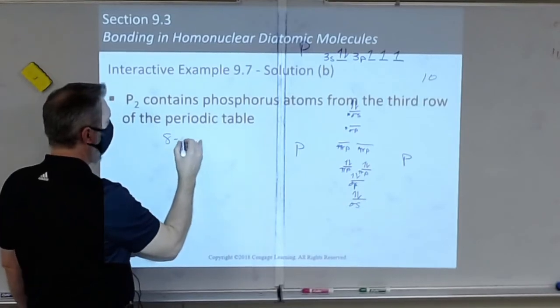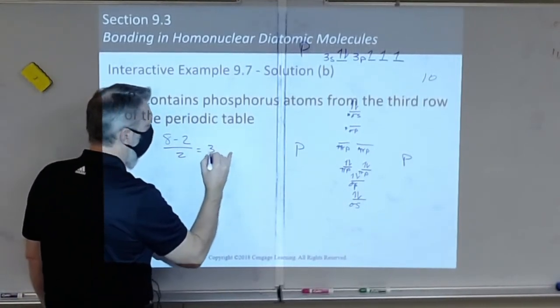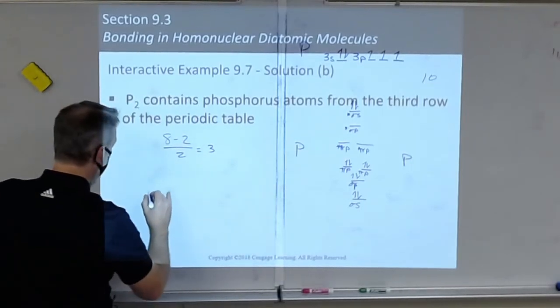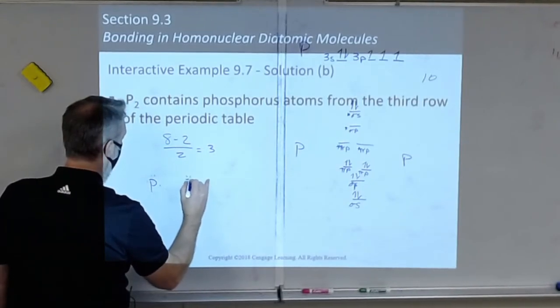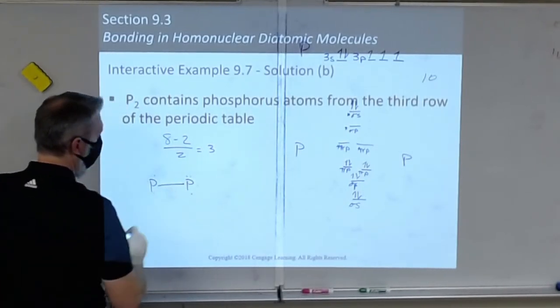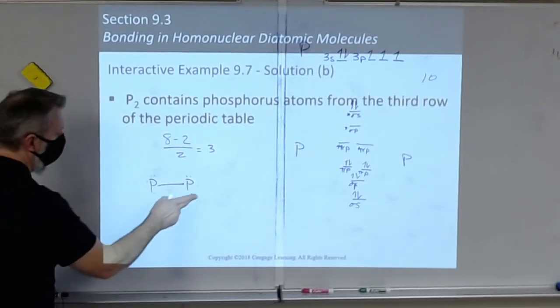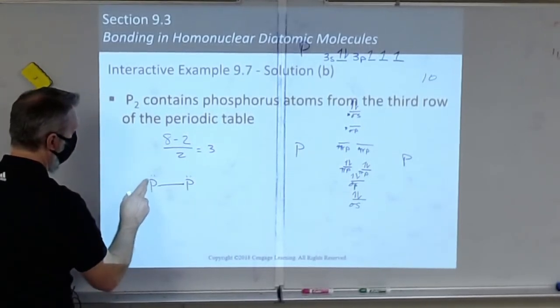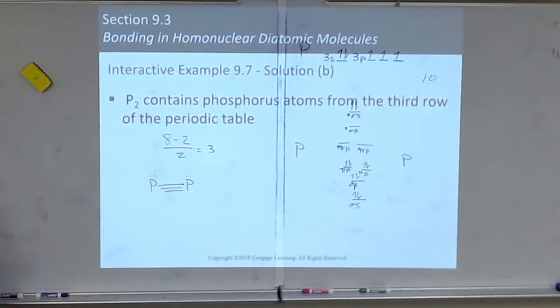How many antibonding? 2. Divided by 2 is 3. Let's draw our Lewis dot structure just for fun. It's going to be a triple bond, right? Just like somebody else in the same group, nitrogen.